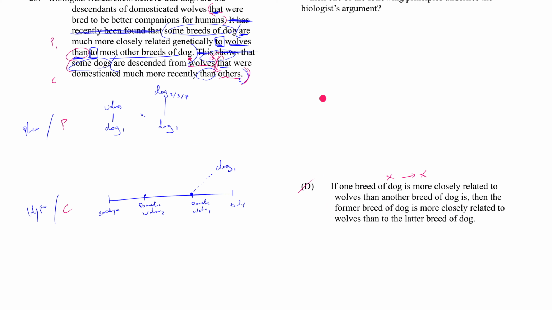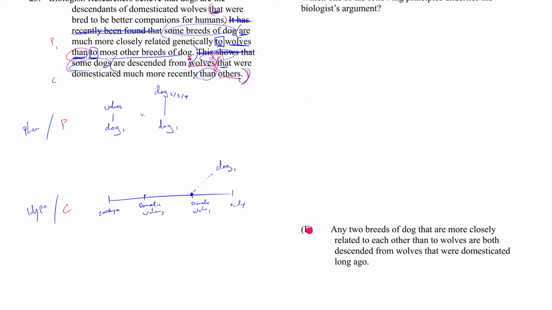I suppose if the premise said X and the conclusion said X, then you would come up with a sufficient assumption or pseudo-sufficient assumption answer choice that says X arrow X. I've never seen anything like this, even though it's logically valid. I've never seen it on the LSAT, and I can't imagine where this would ever be the right answer choice.